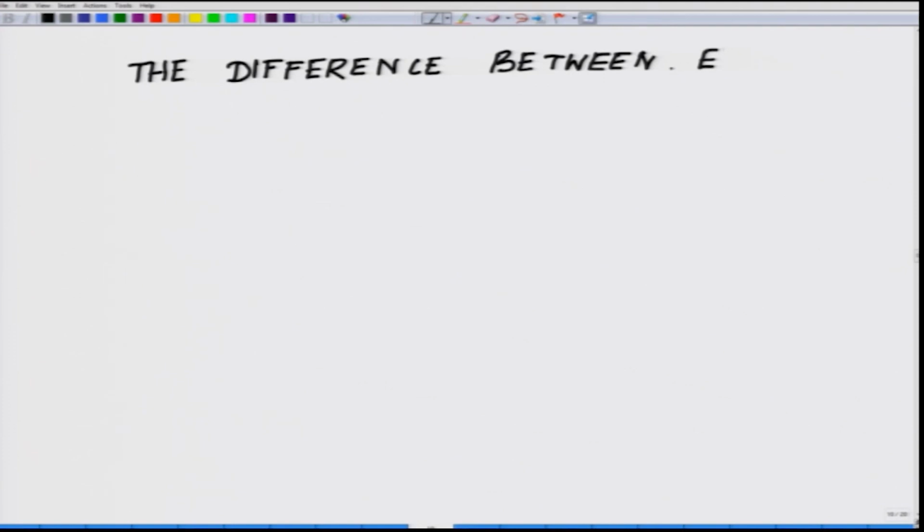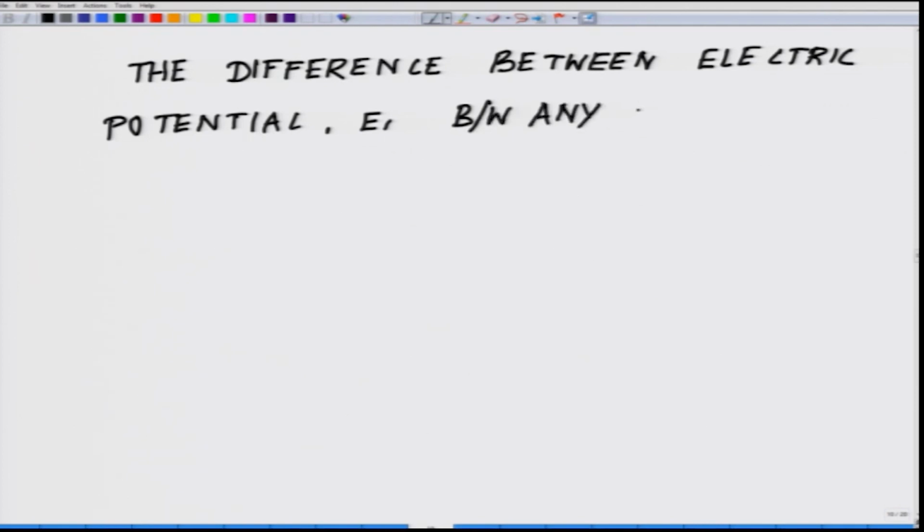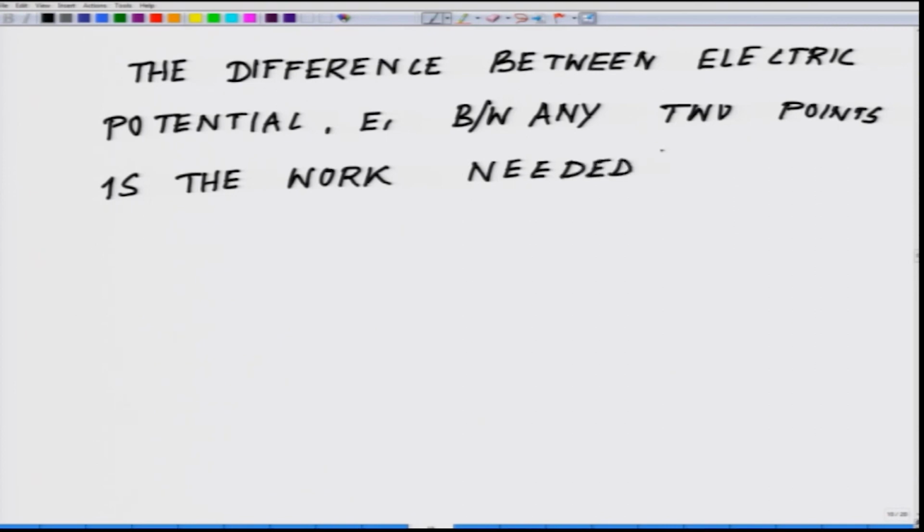The difference in electric potential E between any two points is the work needed (or, so be careful, I will be underlining the next sentence inside the bracket) or that can be done.